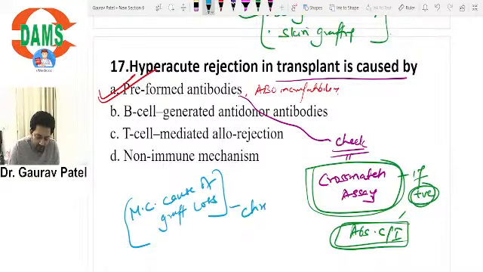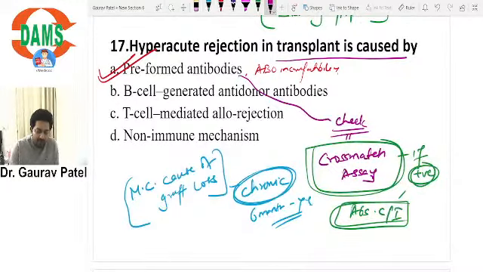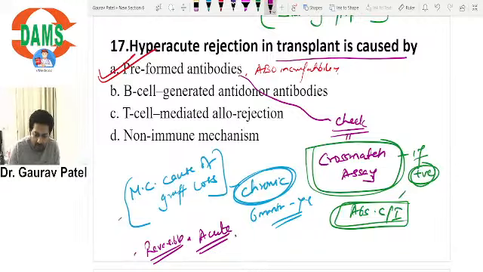It is chronic rejection, which occurs from 6 months up to years. And if I ask you which type of rejection is reversible, only one is reversible, that is acute rejection. Hyperacute and chronic are irreversible. You cannot save the graft in these cases.